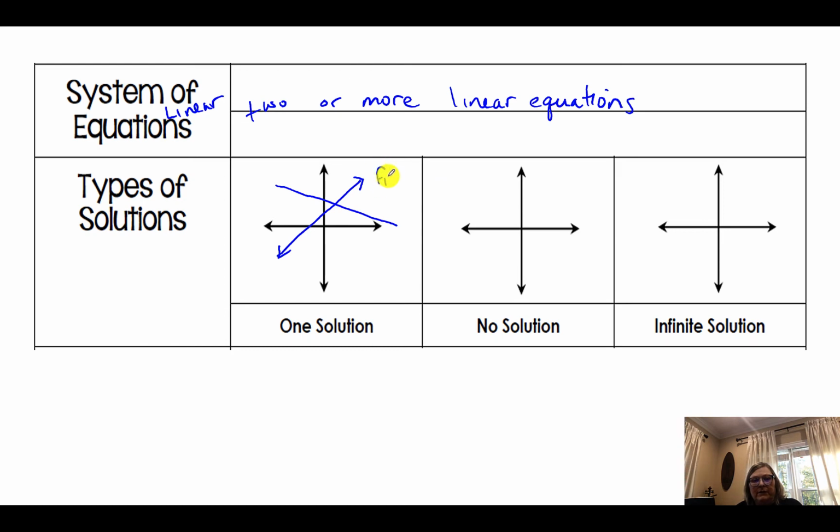So let's call this one f1 of x, and the second line f2 of x. Every one of the infinite points on this line is a solution to f2 of x. And there's exactly one point right here that solves both f1 of x and f2 of x. So your one solution is the intersection of the lines.